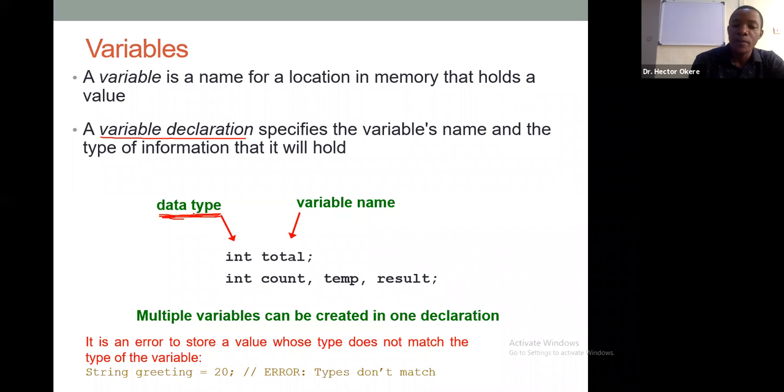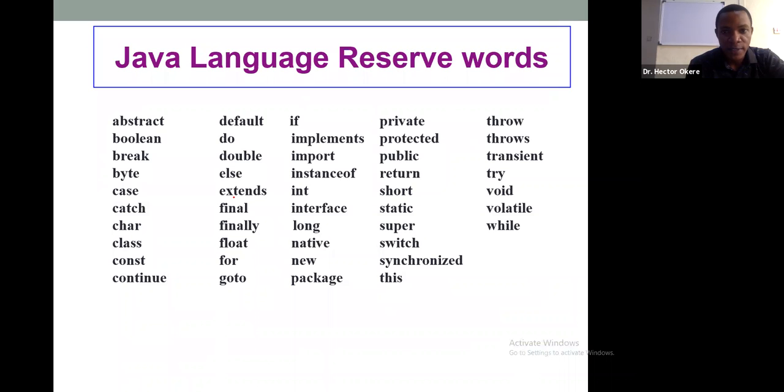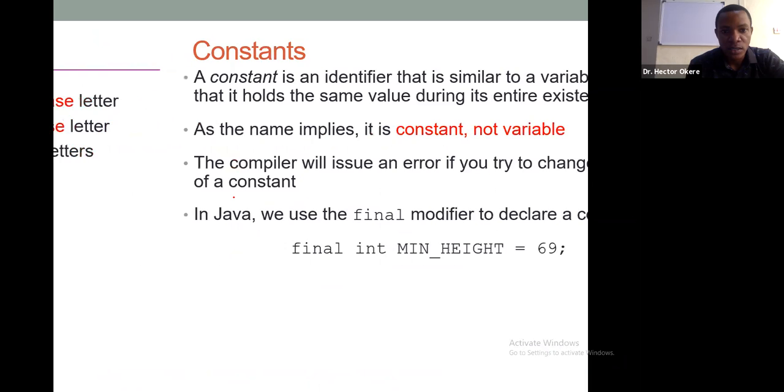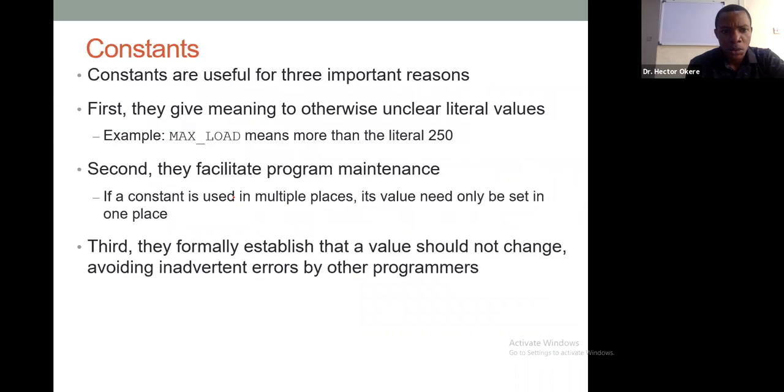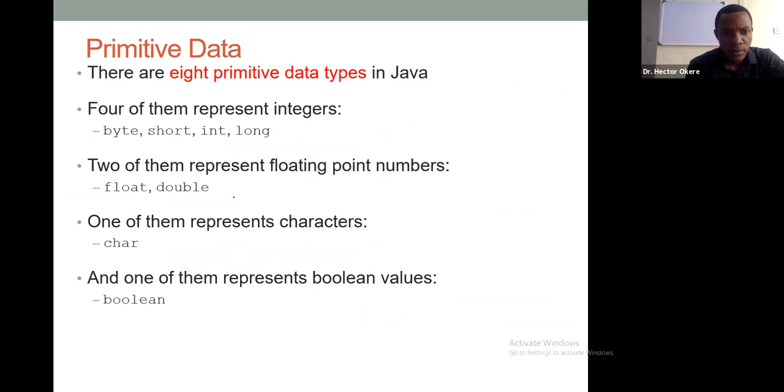A data type, okay, let's just go to the data type slide. Where is the data type? So there are 8 primitive data types, okay? 4 of them represent integers.